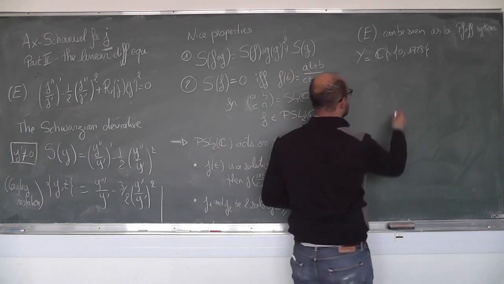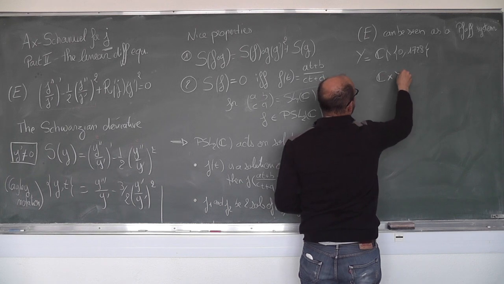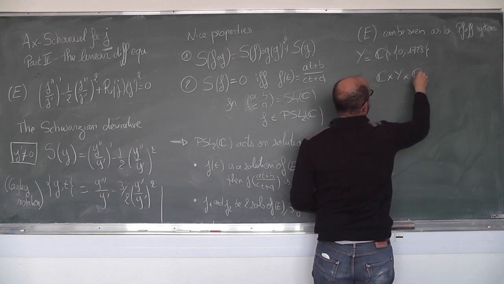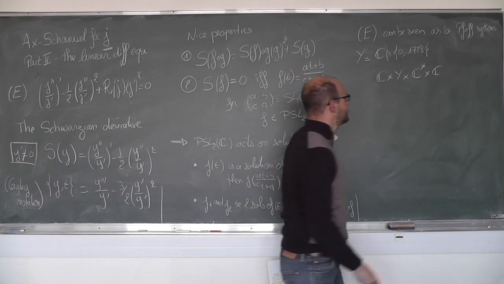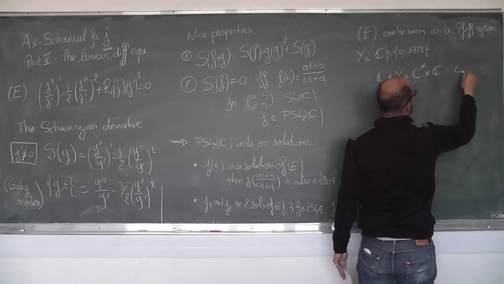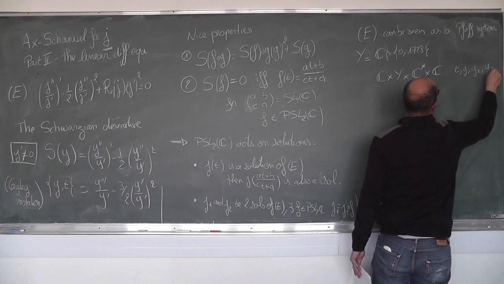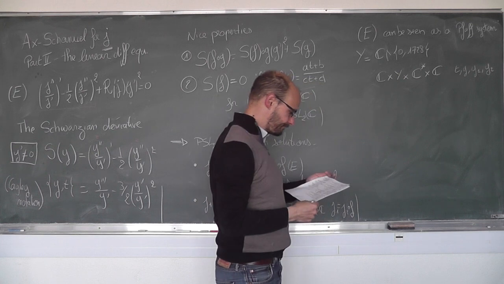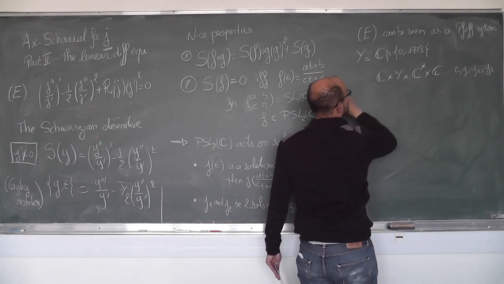And then the phase space is C plus Y plus C star, with coordinates that I will call T, Y, Y1, Y2.